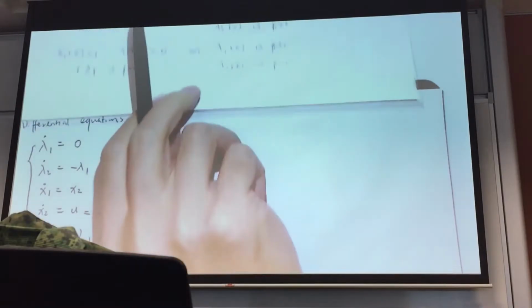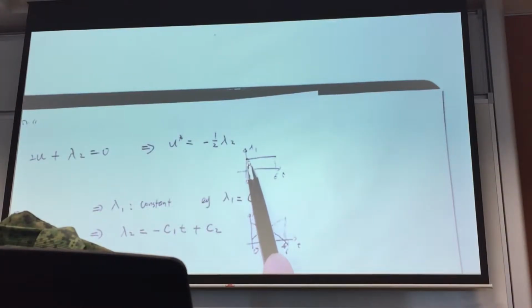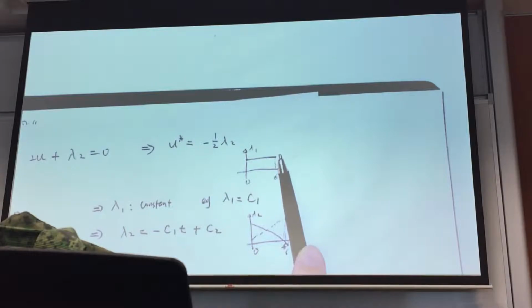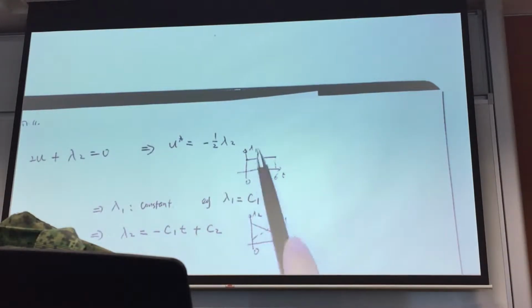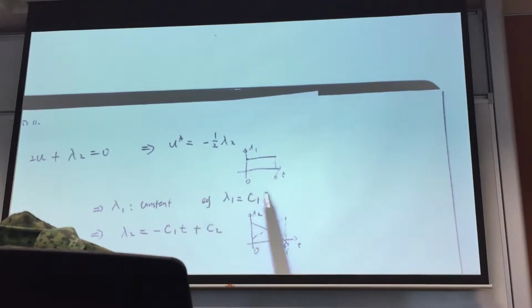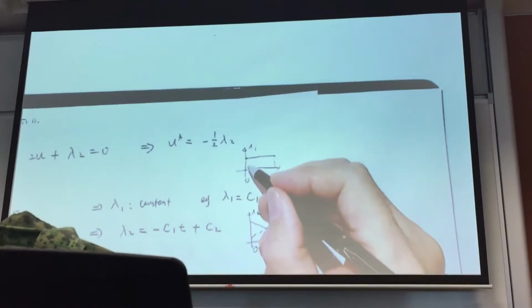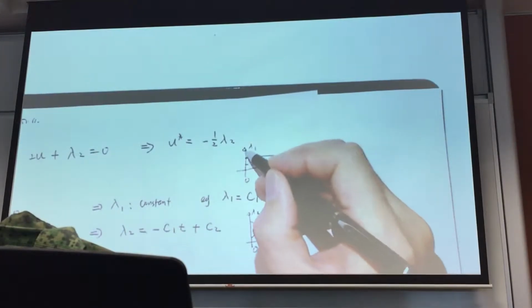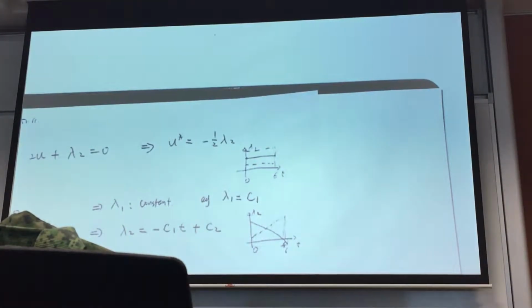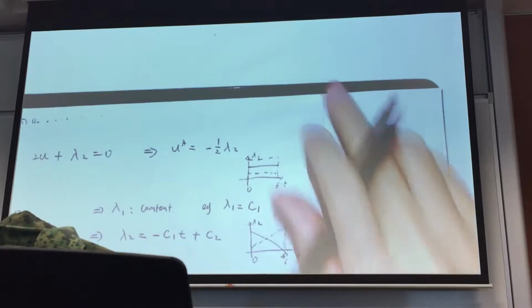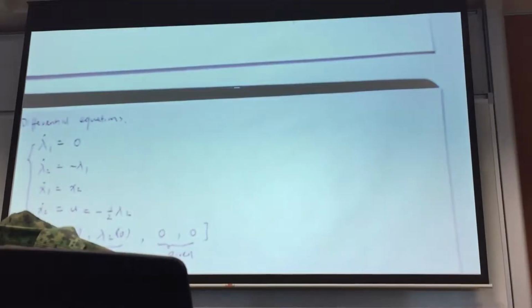So for example, for lambda 1, we know it will be a constant. But because lambda 1(0) is unknown, we don't know where lambda 1 is. Lambda 1 could be here, or here, or here. And also, lambda 1(0) and lambda 2(0) are free to take any value.